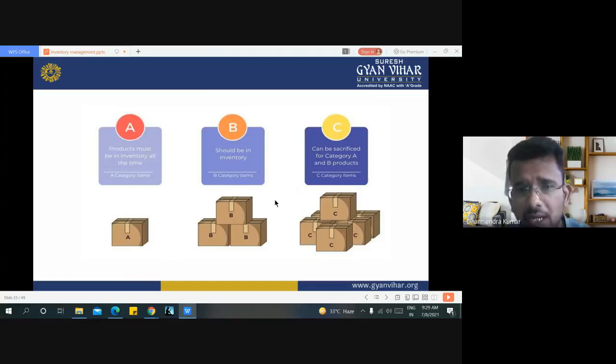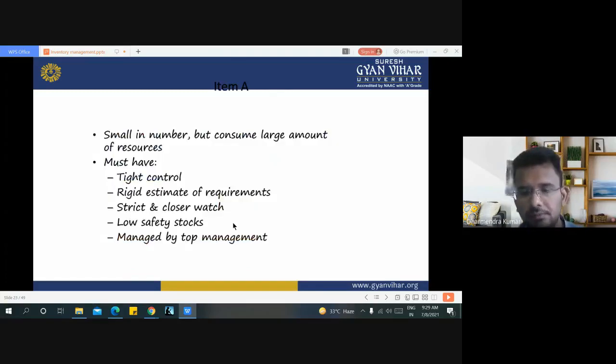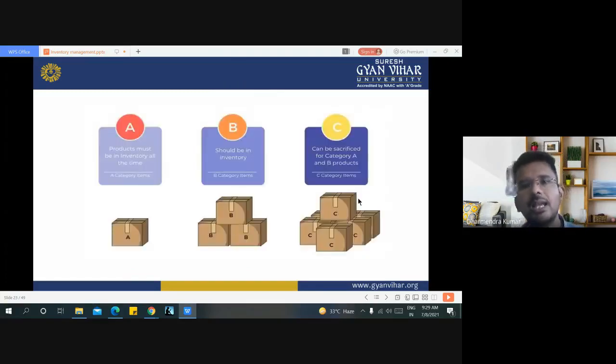In the B category, we use moderate quantity and moderate inventory cost. But in the C category, we use more volume of space and more components, but they consume less of the overall inventory cost.